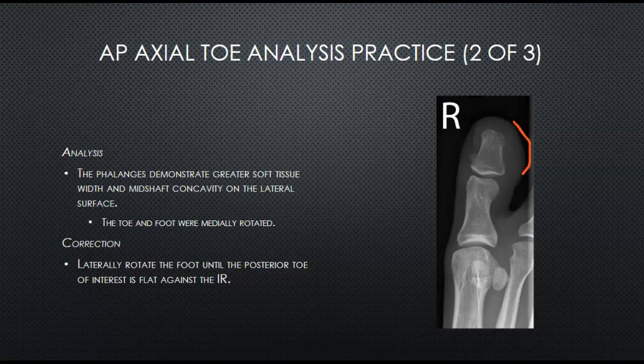So this should indicate to you that the foot and toe was rotated medially. In order to correct this image, or create our next repeat, we need to laterally rotate that foot until the foot and the toe is flat against the IR.